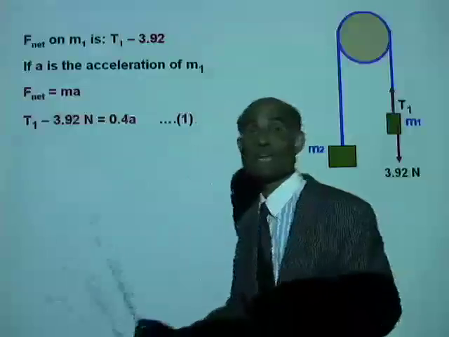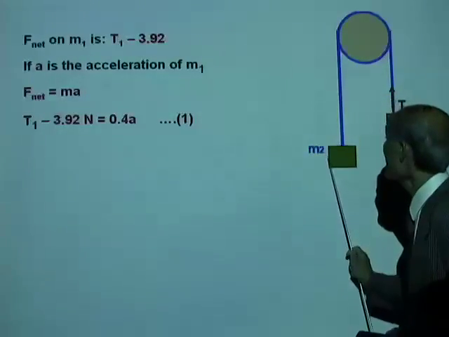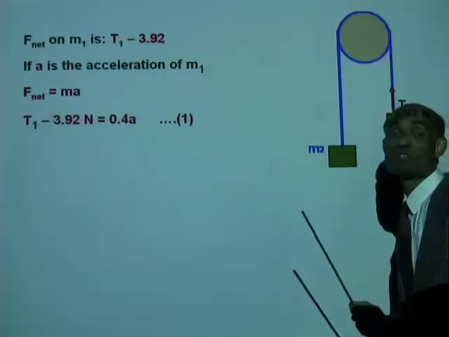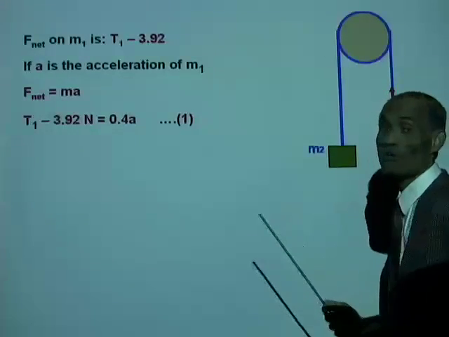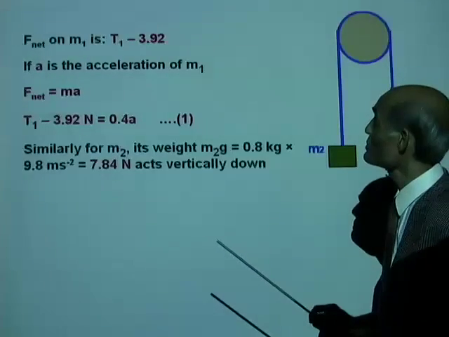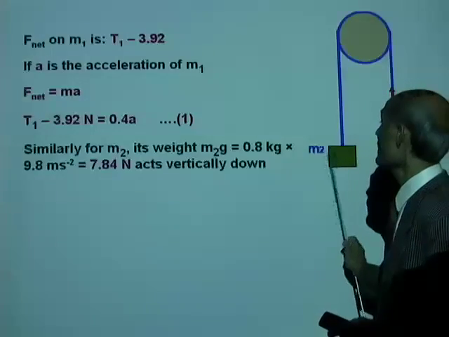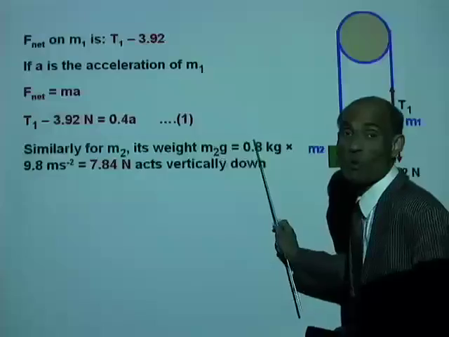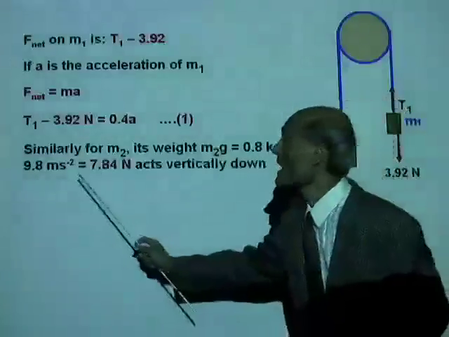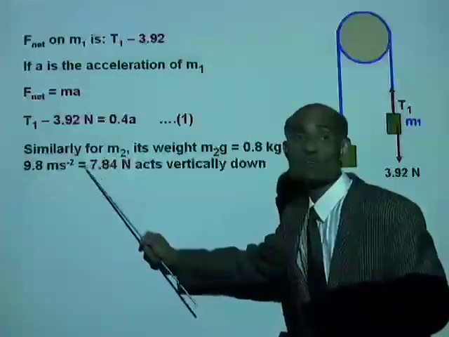We can obtain a similar equation by taking the motion of M2. Well, I'm sure you can do this now on your own. What are the forces acting on M2? Its weight will be M2 g, 0.8 kilogram times 9.8 meters per second squared.